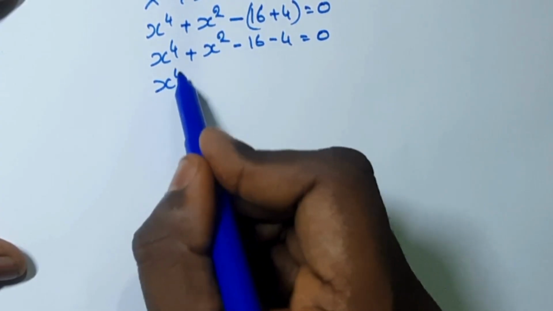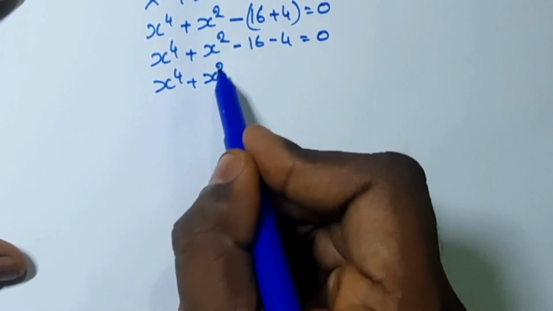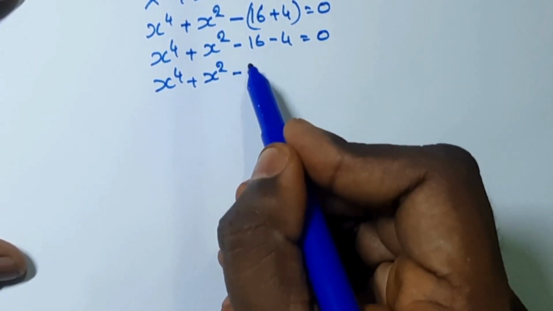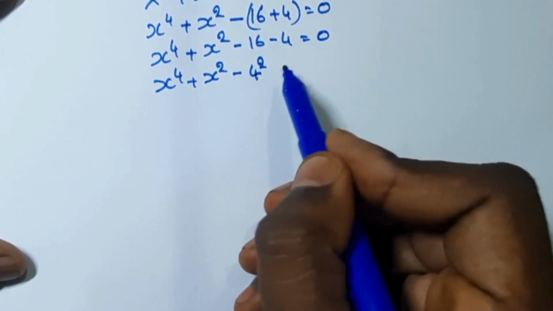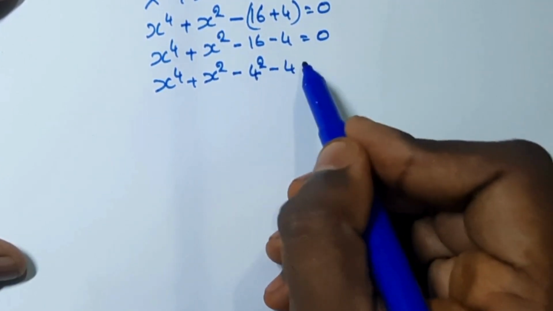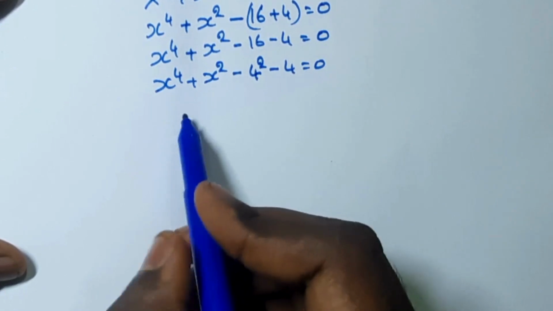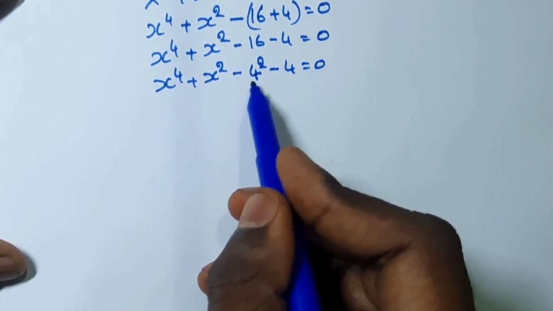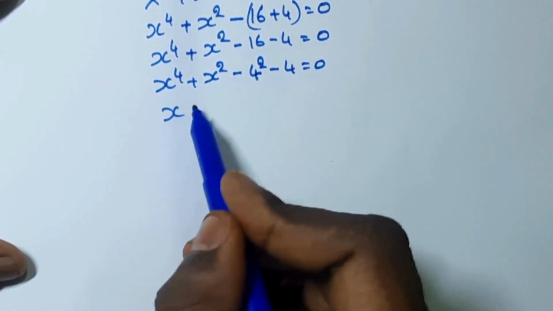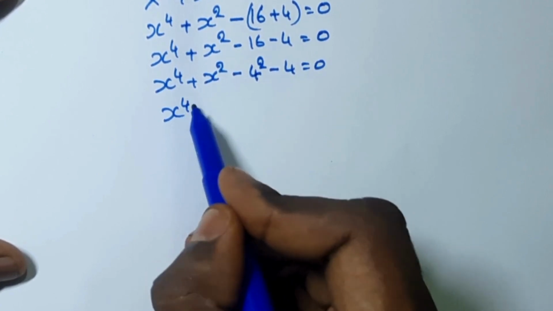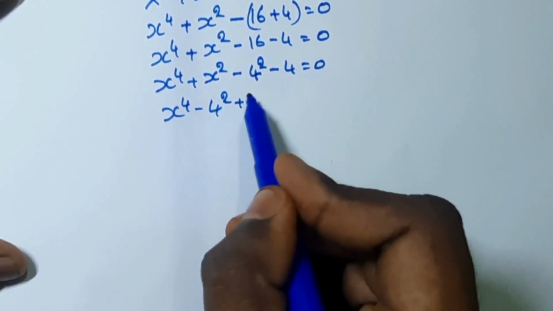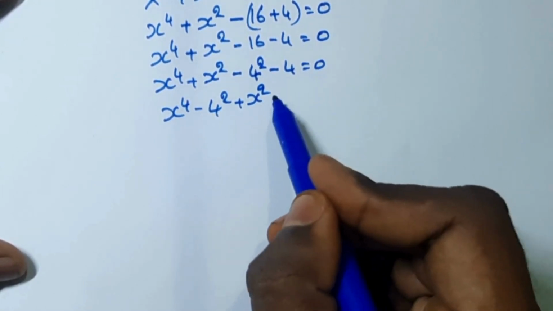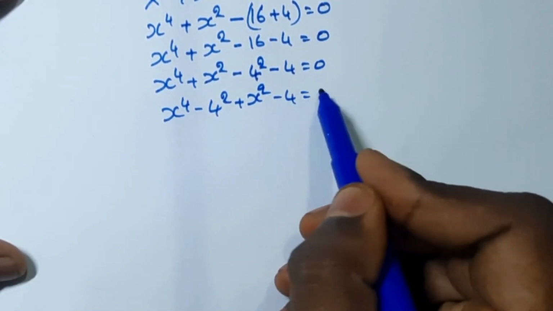Now x to the power of 4, x square, minus 16 can be written as 4 square, minus 4 equal to 0. This minus 4 we are bringing this side. x to the power of 4 minus 4 square plus x square minus 4 equal to 0.